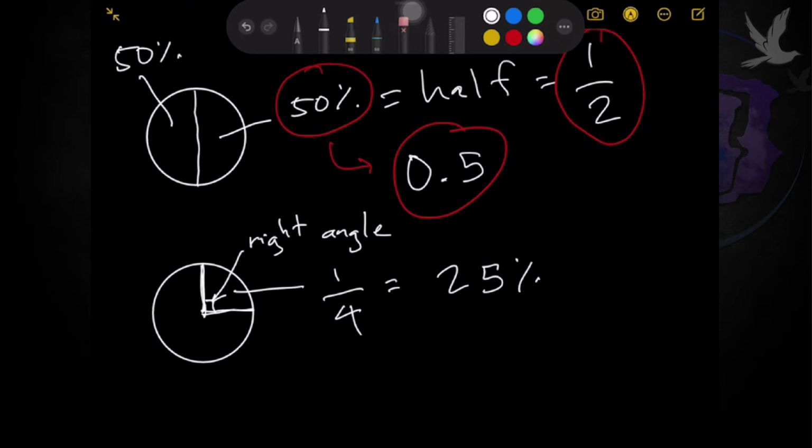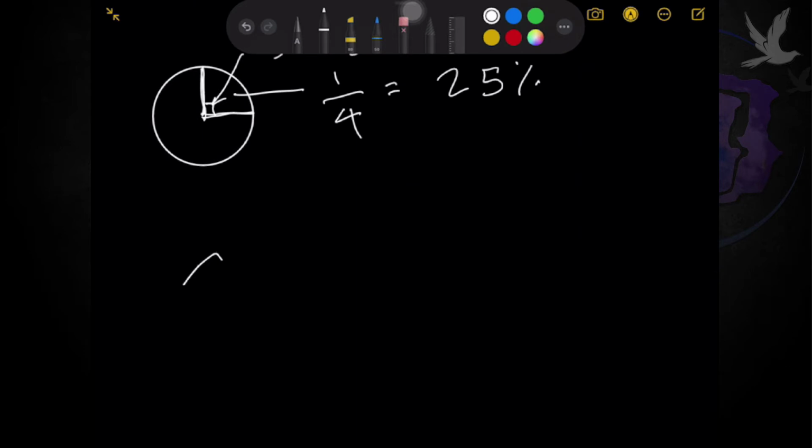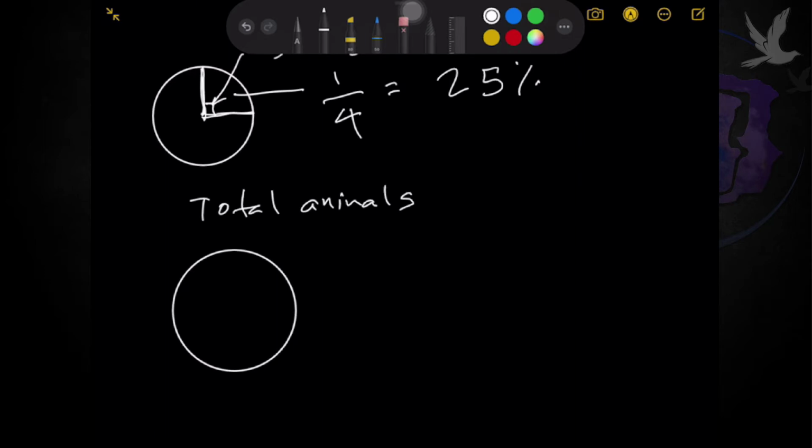For example, ito, paano nga ba, bakit nyo kailangan to malaman? Why do you need to learn about percentage and yung mga fractions na yan? Kasi for example, let's say a pie chart represents a total number of animals. Okay? Total animals in a zoo.